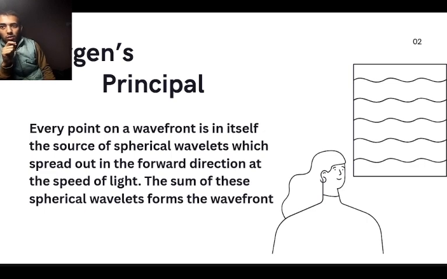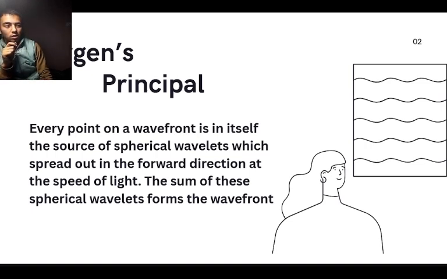So now we know the difference between wavefront and wavelet. We can jump into the definition of Huygens principle. The Huygens principle states that every point on a wavefront is in itself the source of a spherical wavelet. So each and every point is itself a source, and it creates a spherical wavelet.